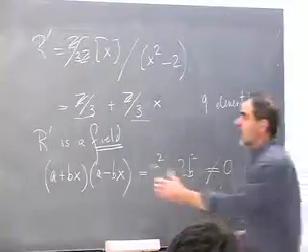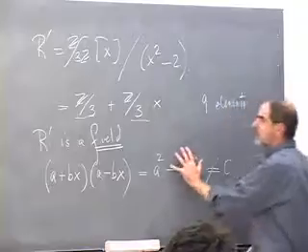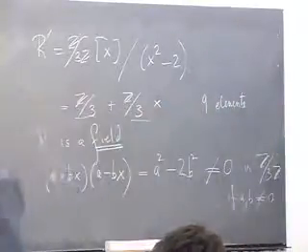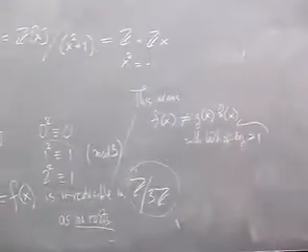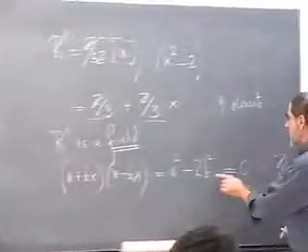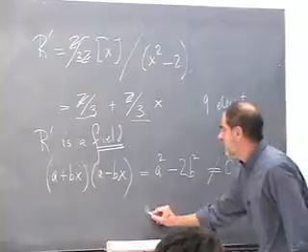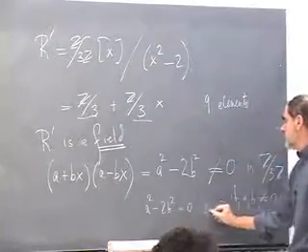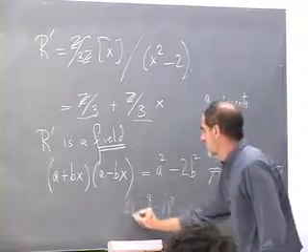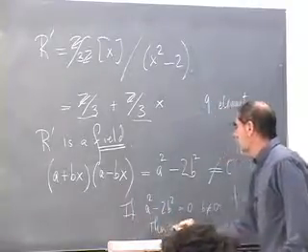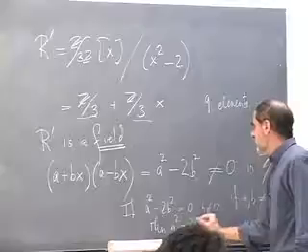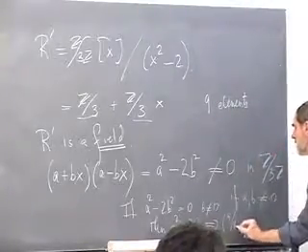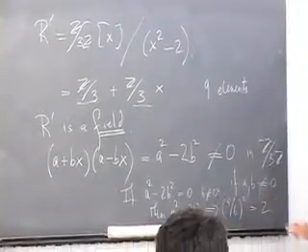if b is equal to 0 and a is non-zero, this element is just a squared. So that's clearly non-zero because the squares of non-zero elements are non-zero. If b is not equal to 0 and this element were equal to 0, if a squared minus 2b squared equals 0 and b is not equal to 0, then a squared is equal to 2b squared. And dividing by this, I'd get a over b quantity squared is equal to 2.